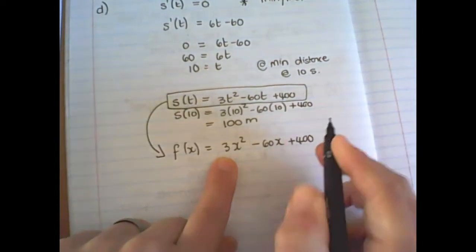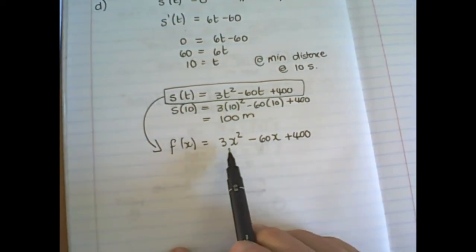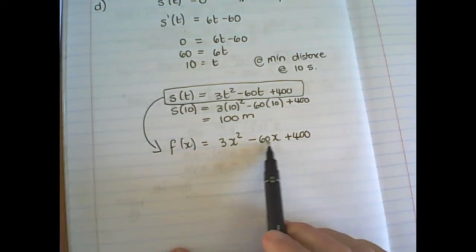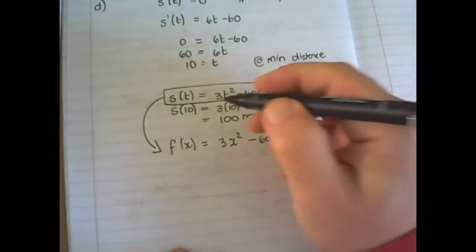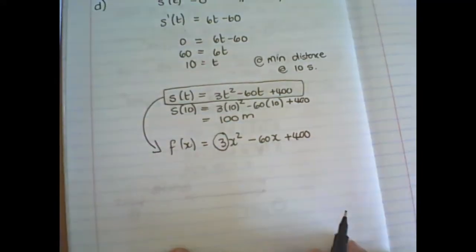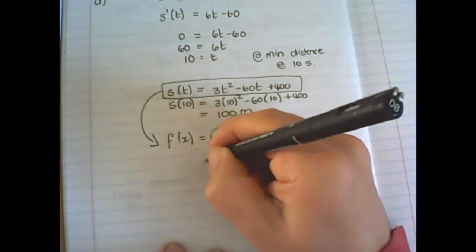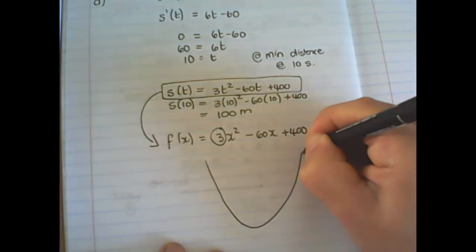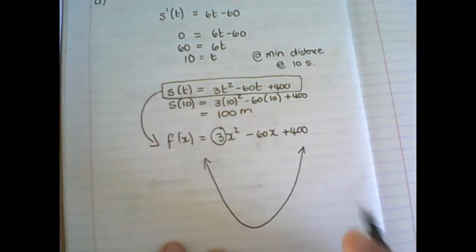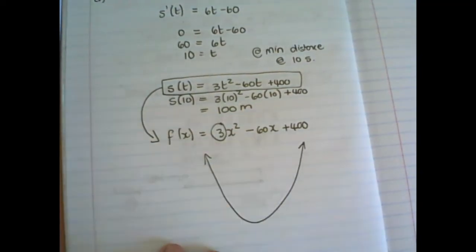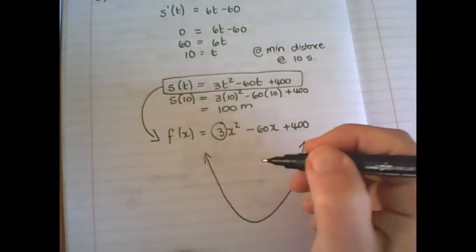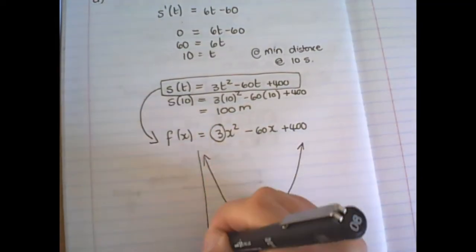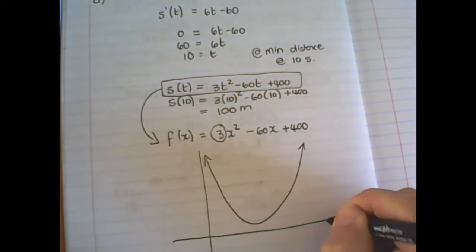Okay. We know from grade 11 that this is a parabola. And from the value of a, it is a smiley graph. Okay? Can you guys see that? Now, if I were to draw this graph, it would look something like that.